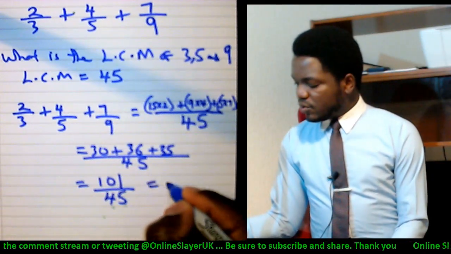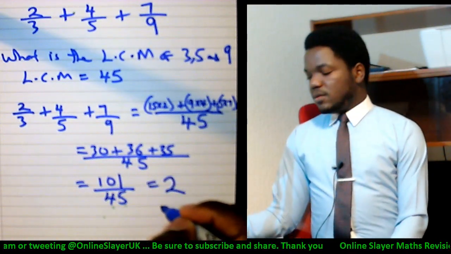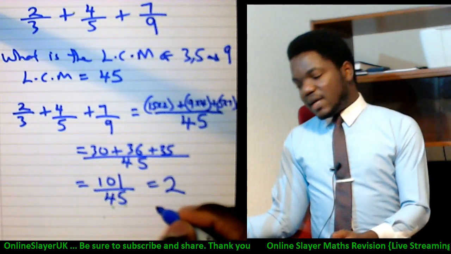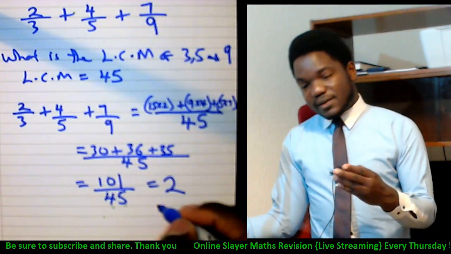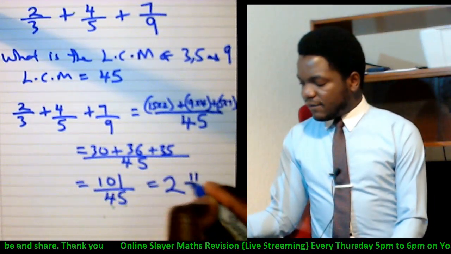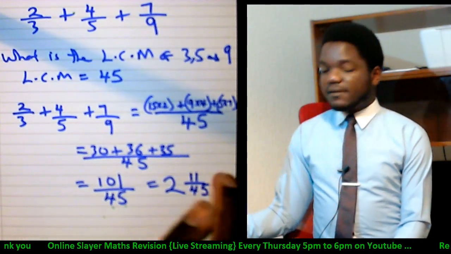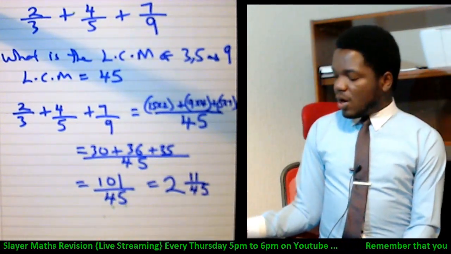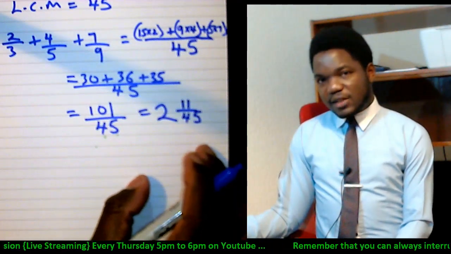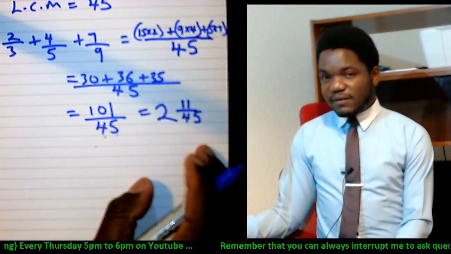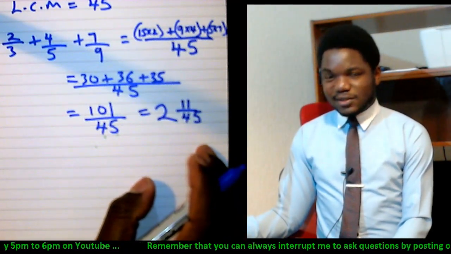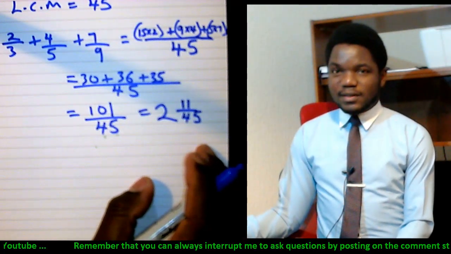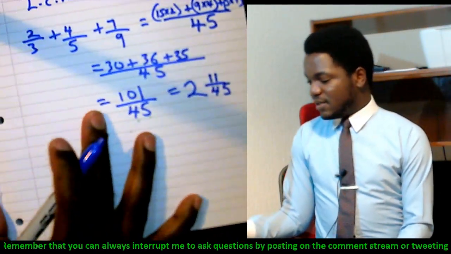So that's going to be 2 whole number. When you take 90 out of 101, you're left with 11. So 2 whole number, 11 over 45, and that is your answer. Always leave your answer in mixed fraction, and do not ever leave your answer in an improper fraction, otherwise you're going to get an improper result. And that's not going to be funny.